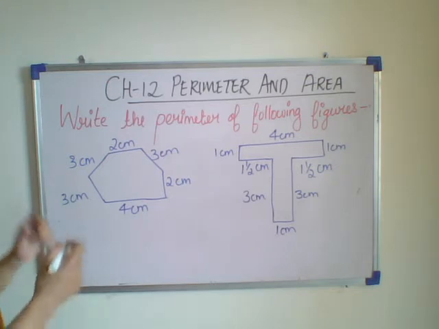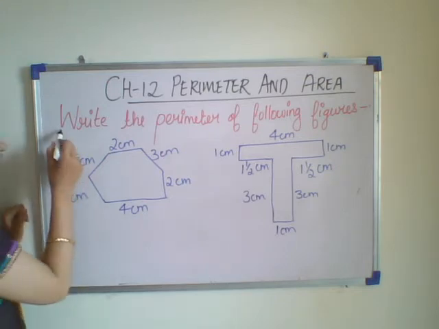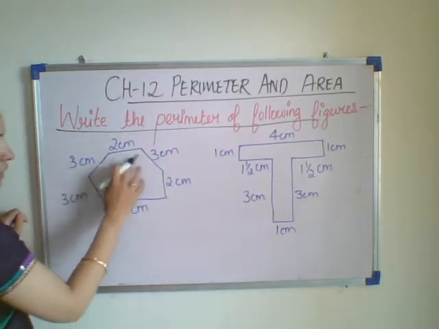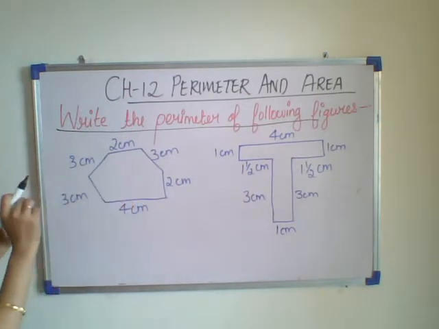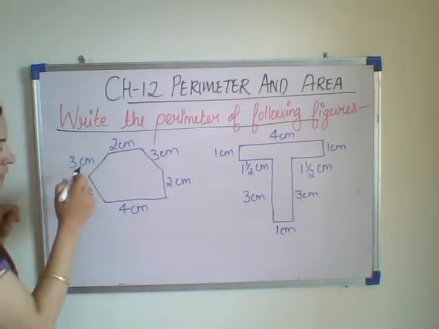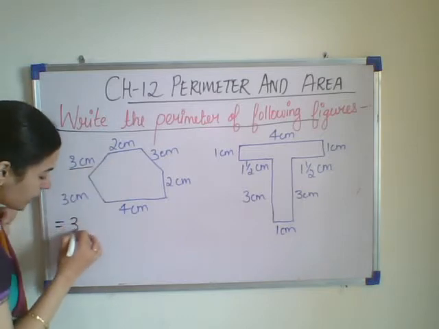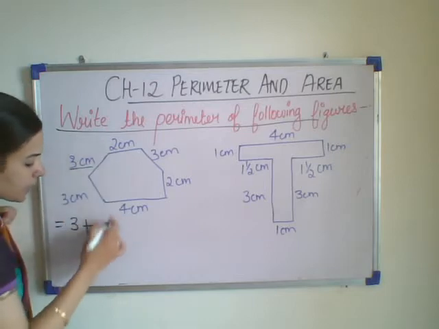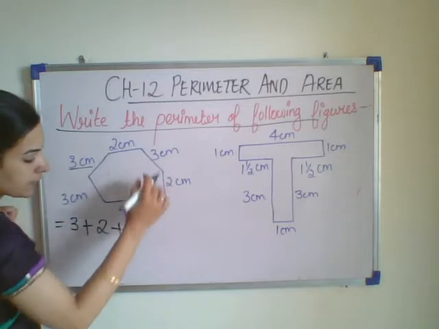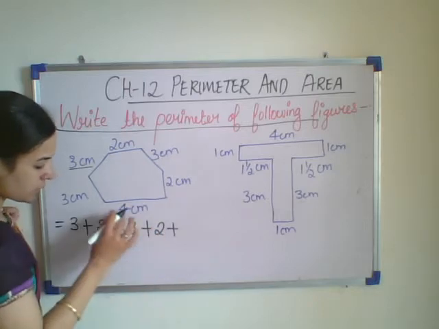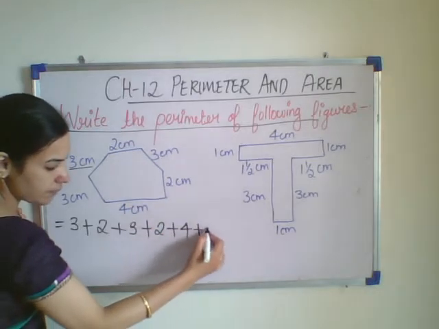So how to find it? Here I have written a question. We have to write the perimeter of the following figures. The first I have drawn this. So what we have to do? We have to add all of this. 3 centimeter plus 2 centimeter plus 3 plus 2 plus 4 plus 3.